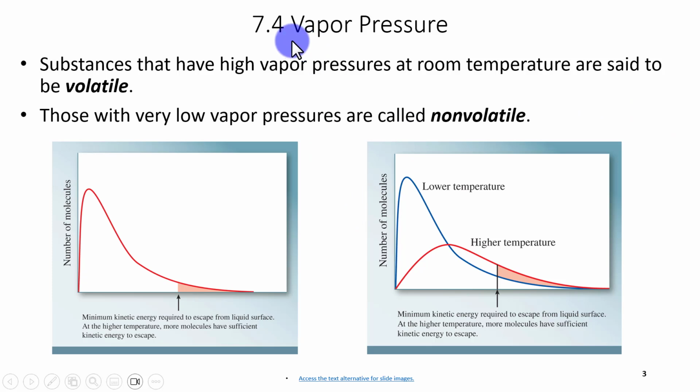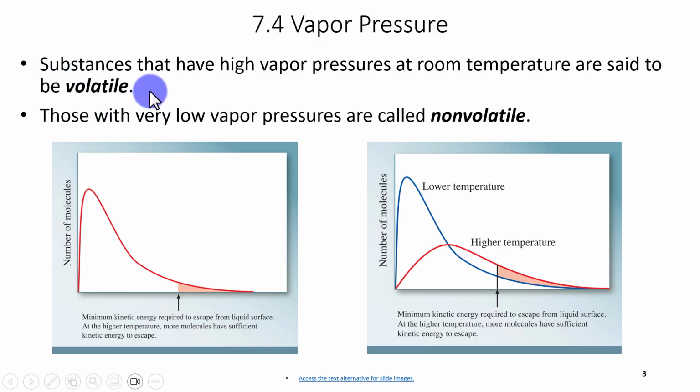Let's talk about vapor pressure in liquids. It's very similar to the solids, but we're now talking about liquid vapor pressure. We have substances that can have very high vapor pressures or very low vapor pressures at room temperature. Those that have very high vapor pressures are called volatile. Those that have low vapor pressures are called non-volatile.